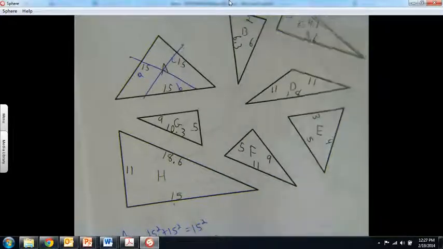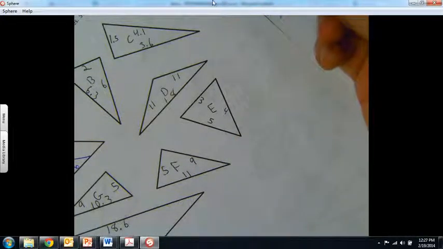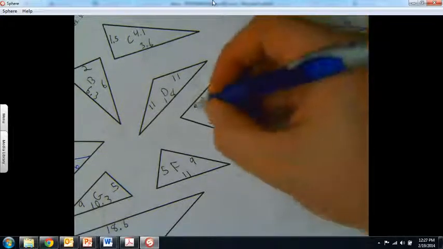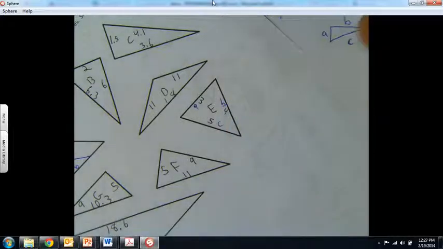Now, let's try another one. Let's go down here and try this 3, 4, 5 triangle. This time I do have a shortest, medium, and longest. A, B, C. So let's go down here.